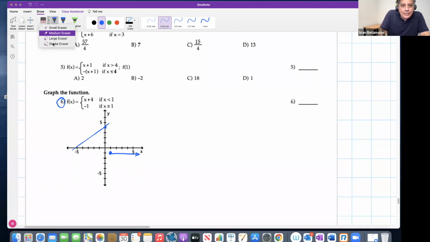Then this should be the graph, but only up to here, because they are saying it's for values less than 1, not at 1. At 1, this would give you 5, so we should avoid that 5.